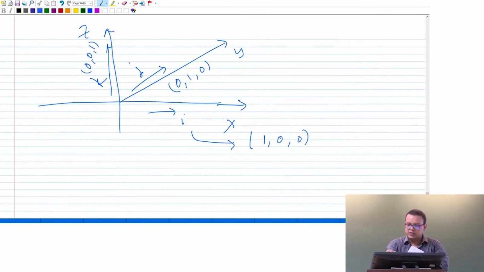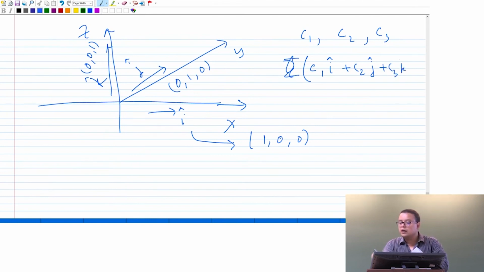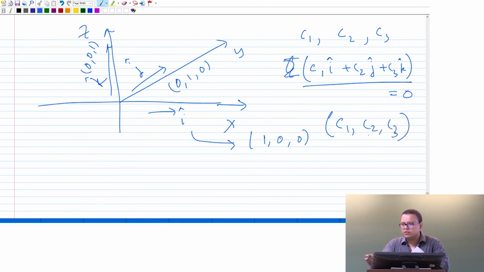Can I find 3 constants c1, c2, c3 such that c1 I hat plus c2 j hat plus c3 k hat equal to 0? What will this give me? This will give me a vector c1, c2, c3. For this to be equal to 0, c1 has to be 0, c2 has to be 0, c3 has to be 0.